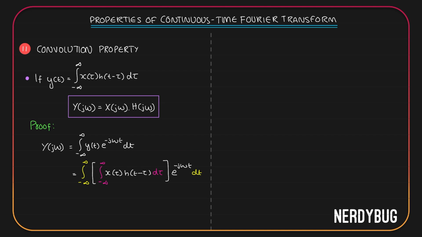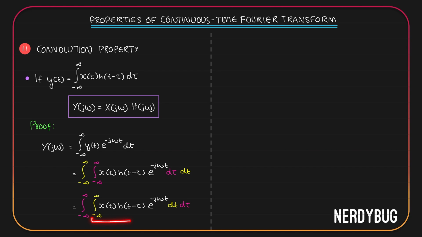Let us rearrange this a little bit. I'll remove the brackets and I will put dt over here. Now this corresponds to d tau and this corresponds to dt. I am going to change the order of integration. I will take the yellow one first and then the pink one. We'll do the inner integration first and then the outer one.